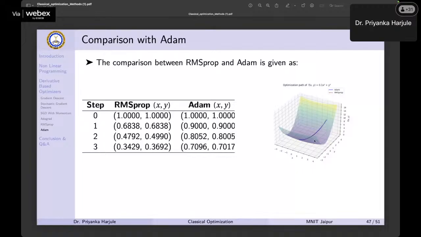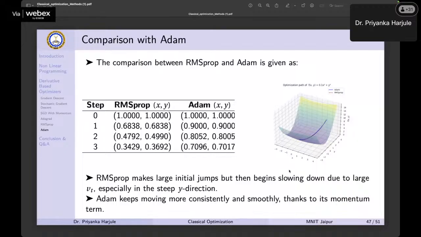This plot has been done in Python with Adam and RMS prop. I don't know if you can make out, but RMS prop is quite slower and zigzagging, whereas Adam is very smooth.